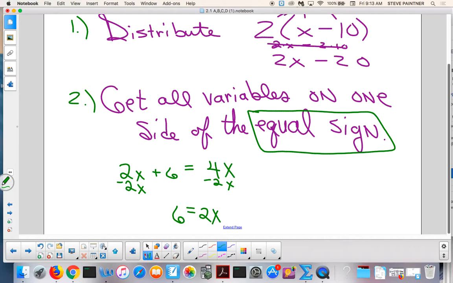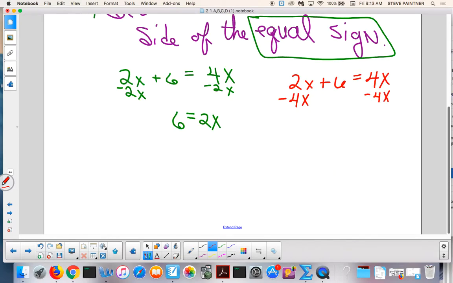And here's why you don't want to get rid of the 4x. Watch this. If I go 2x plus 6 equals 4x, when you get rid of 4x, watch what happens. Okay, and then you'll get negative 2x plus 6 equals 0. I don't care about the 0.